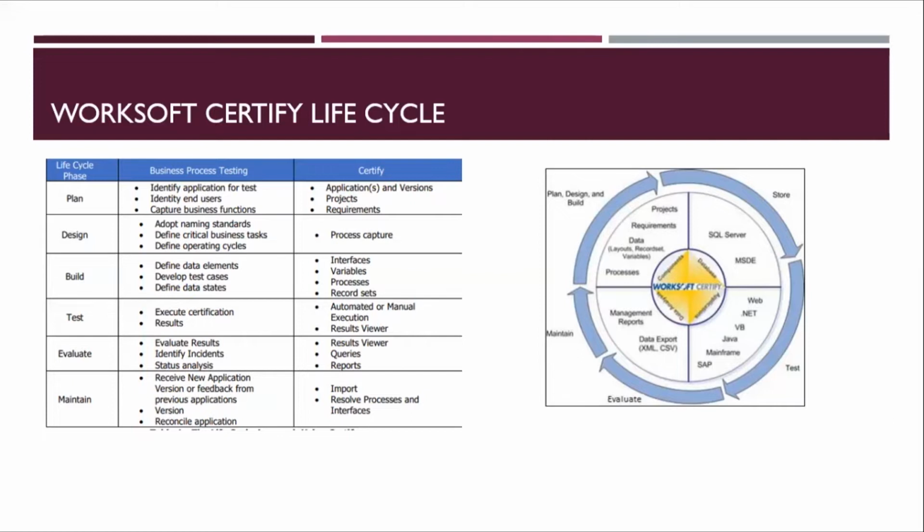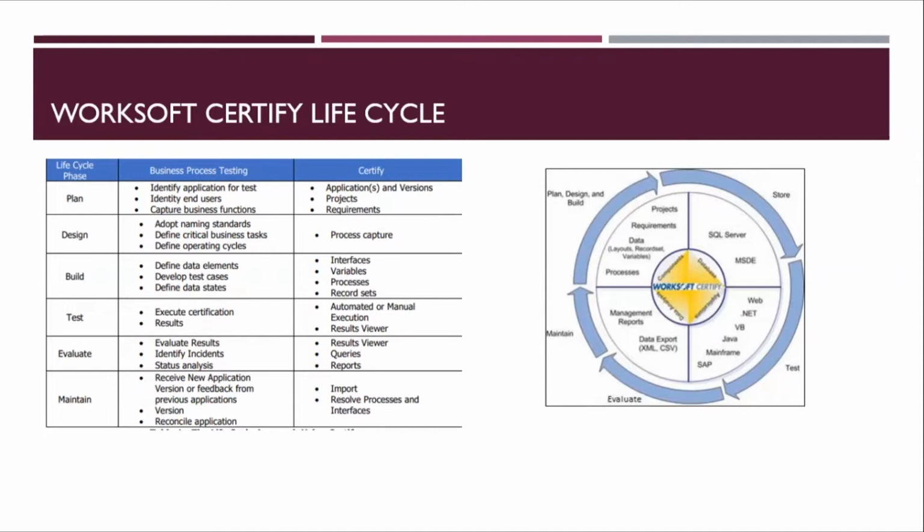And in the test phase, we do the manual execution or automated script execution as a dry run. And once the script gets executed successfully, then we can see the results in the test phase. And the evaluate phase is mainly about the validation of the results. And if the business owner asks for any improvement or any changes in the script, then we do these things in the evaluate phase.